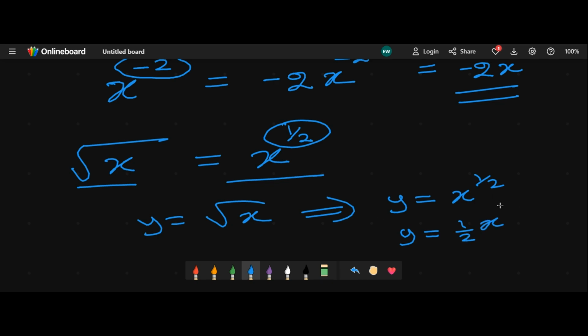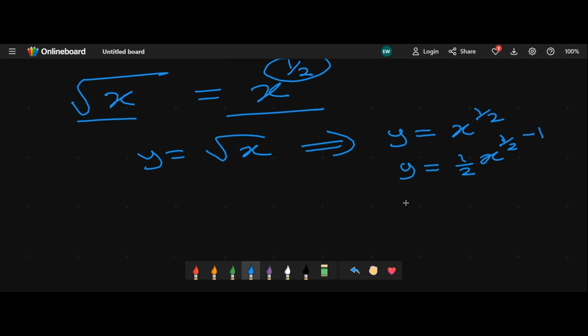So x, whatever is here, write it, half, then subtract 1, half minus 1. So dy over dx will be equal to half x to the power half minus 1, which is minus half. This is the answer. Right.